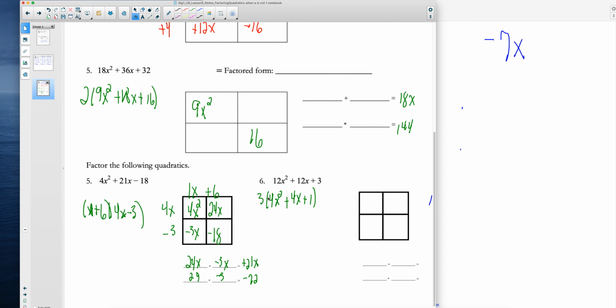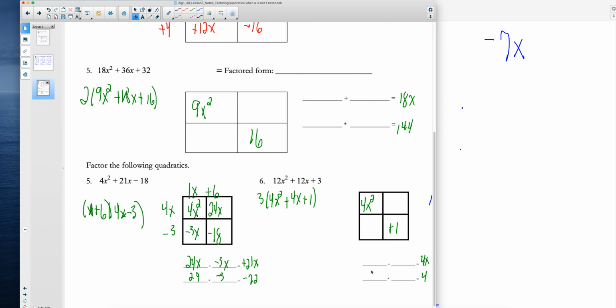But now our a is 4 and our c is 1, so we only get 4 when we multiply. That's another really big advantage of taking the GCF out first, because now a times c is 4 and the combination is a lot easier. Then we have to find something that adds to a positive 4x.